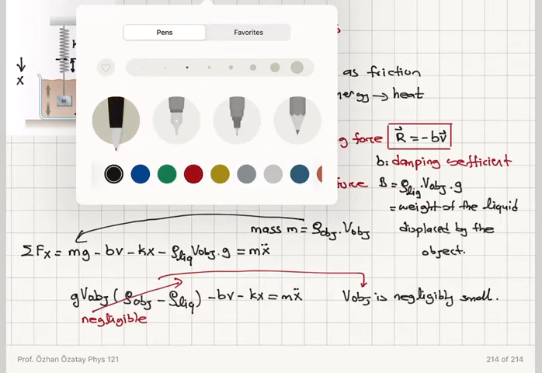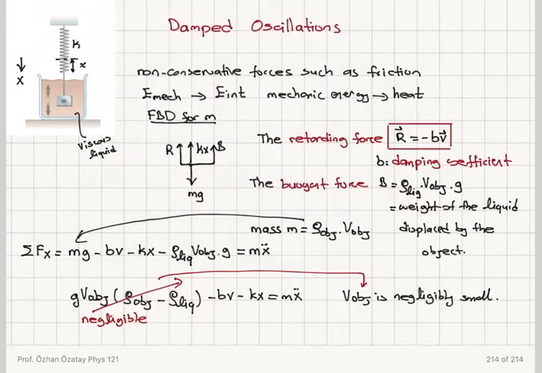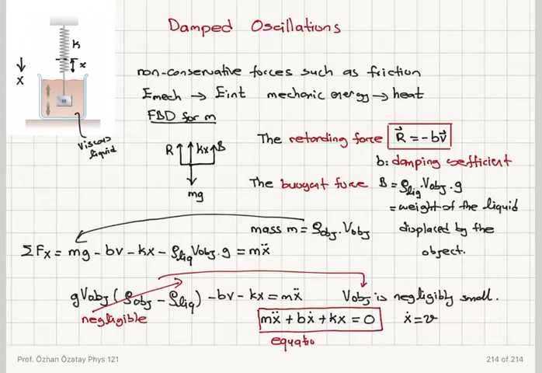So in that case, I'm going to obtain the following equation of motion: m x double dot plus b x dot plus kx equals 0, where x dot is the velocity v. So eventually I have obtained the equation of motion for the damped oscillator, which I would like to analyze.